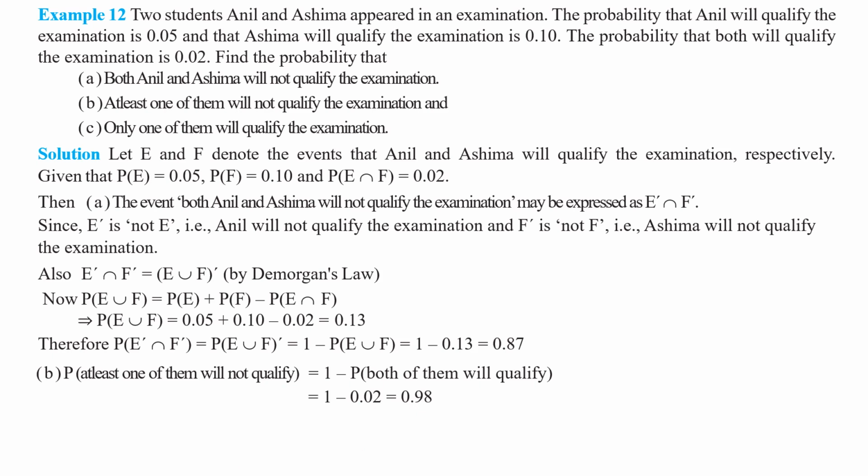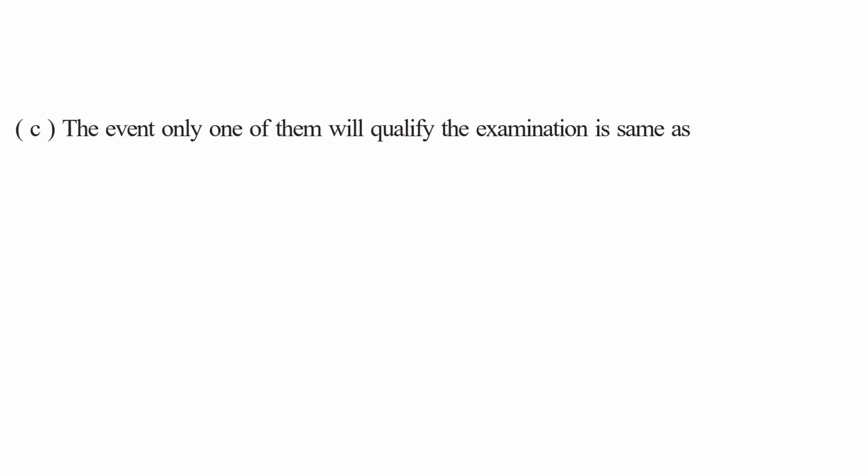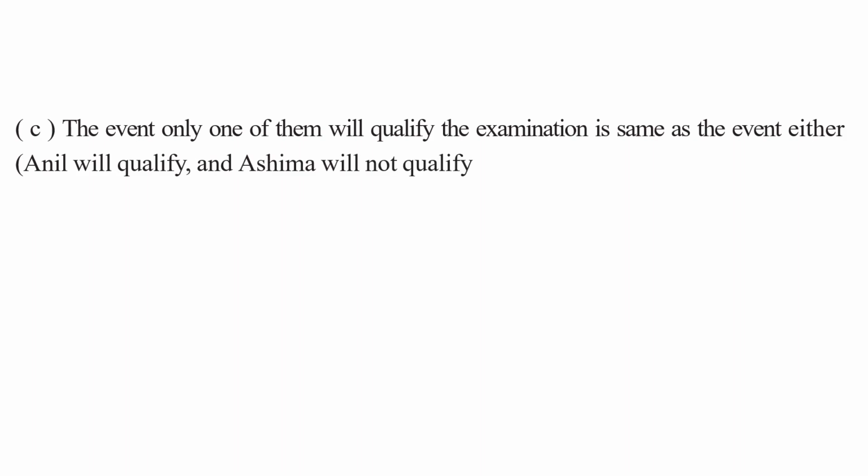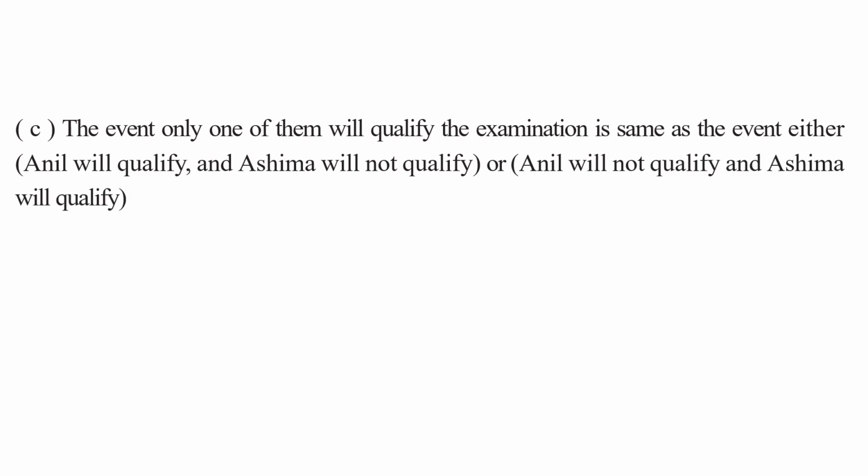Right. Now come to the third event, C. See the event only one of them will qualify the examination is same as the event either Anil will qualify and Ashima will not qualify, or Anil will not qualify and Ashima will qualify.